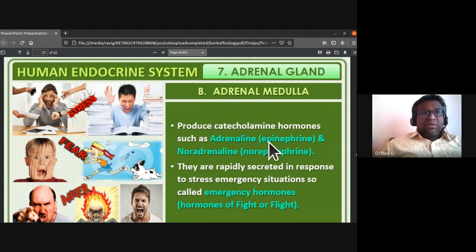But if someone like The Rock is standing in front of you and threatening you, you feel intimidated, isn't it? You feel like you can't face the challenge. So the best thing is to run away from that place. That is flight, and then the fear hormone. So the 3F hormone is the adrenaline hormone, or we also call it the epinephrine hormone.